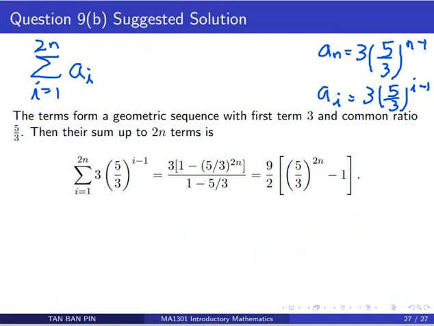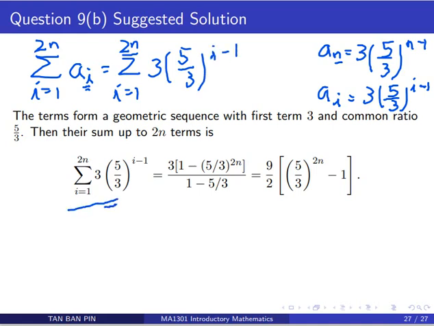Then the formula for a_n is 3 times 5 over 3 power n minus 1. And because you're looking at a_i, we write it in similar notation. So you should write it as summation i from 1 to 2n of 3 times 5 over 3 power i minus 1. So that's how we get this part. And this part is basically a GP, and you write S_2n.